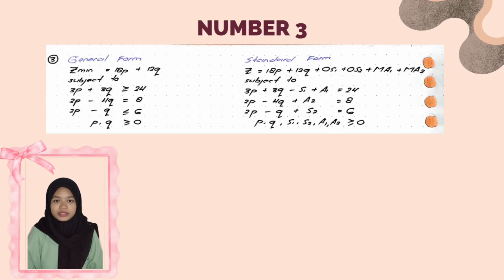And for the objective function, because it is a minimization problem, I add plus M times the artificial variables. So the new objective function becomes z equals 18p plus 12q plus 0S1 plus 0S3 plus MA1 plus MA2.